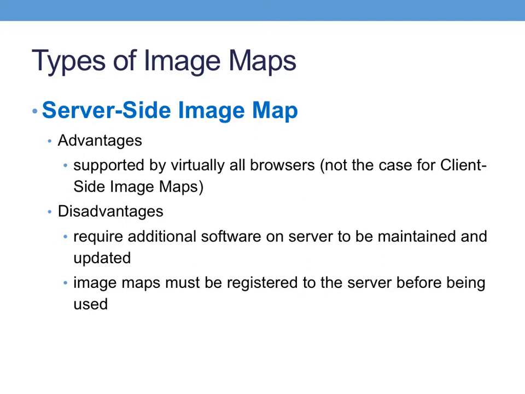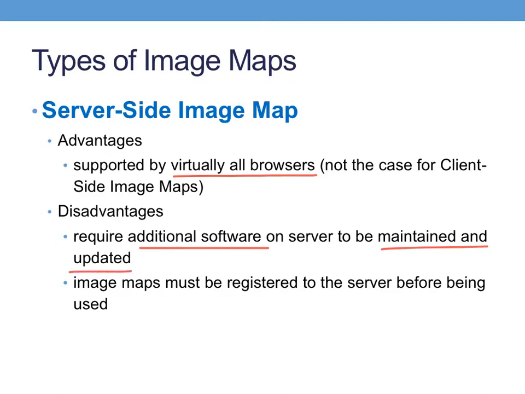Advantages of the server-side image map is that it's virtually going to be supported by all browsers. So if it's run using a server program, it's most likely going to malfunction less often. The challenge with this is that it requires additional software on the server, and then having additional software means it needs to be maintained and updated regularly.